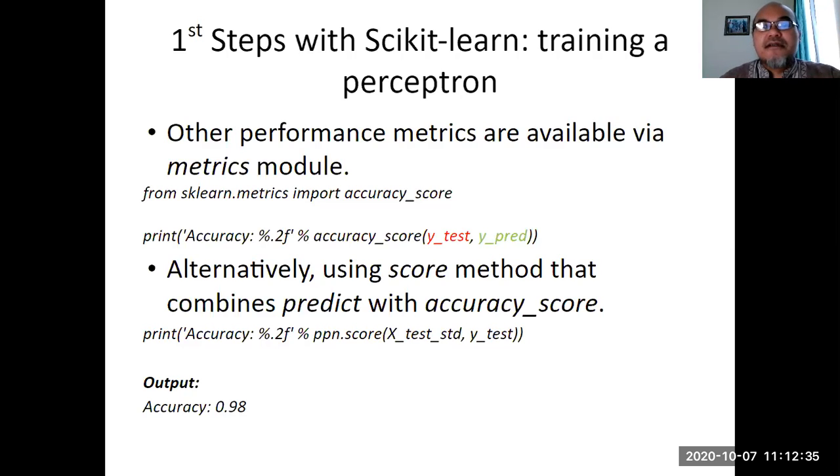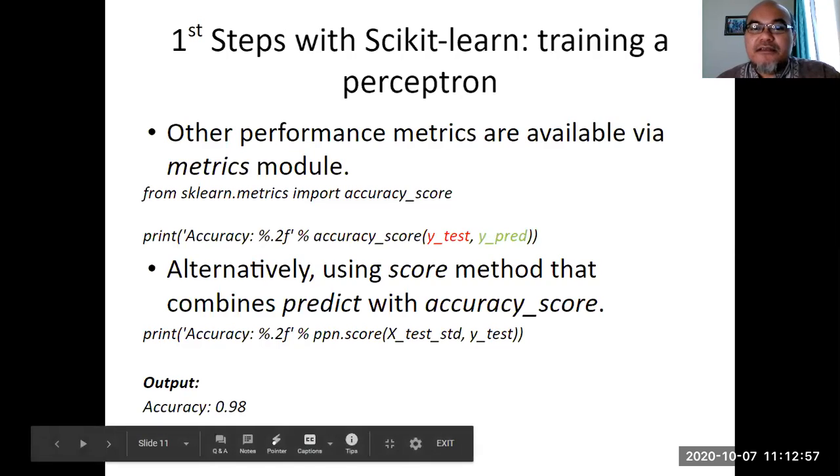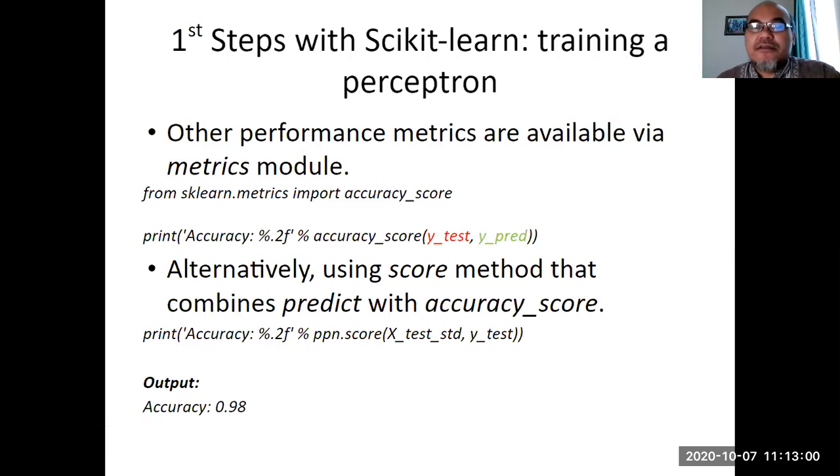Alternatively, we can use the score method that combines predict with accuracy score. The accuracy_score is imported from scikit-learn.metrics. We can also use ppn, the perceptron itself, with the method score, with the parameters X_test_std, comma, y_test.